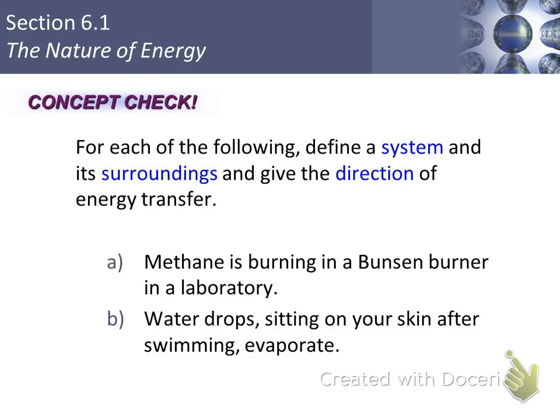Okay, perfect. For each of the following, give a system and the surroundings and the direction of energy. So you need to tell which of them is the system, which is the surroundings, and then is it endothermic or exothermic? Okay, you don't have to write it down. Just think about it. It's okay. You can write it down if you want, but you don't have to.